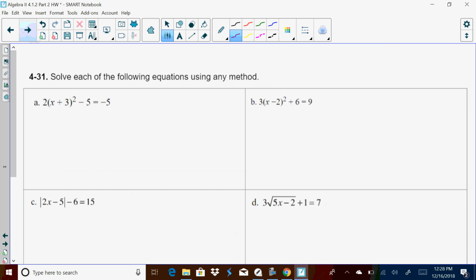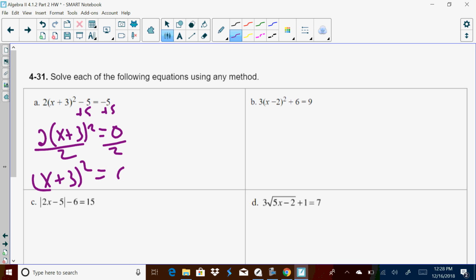Problem number 31, solve each equation using any method. So first I added 5 to both sides and got 2 groups of (x plus 3) squared equals 0, divided by 2. Take the square root of both sides, so I get x plus 3 equals 0. So x equals negative 3.